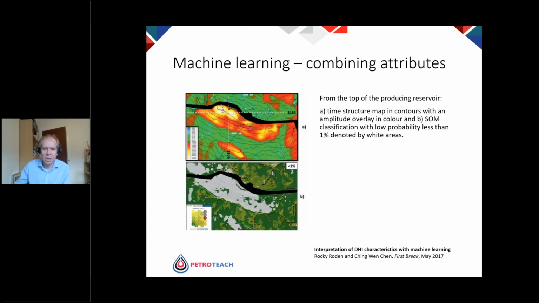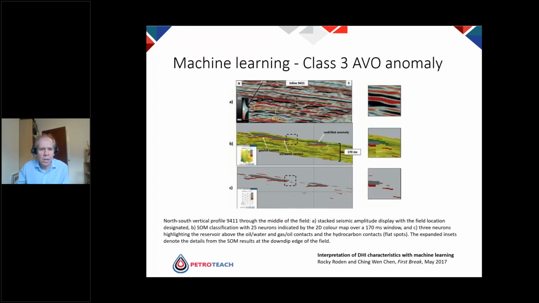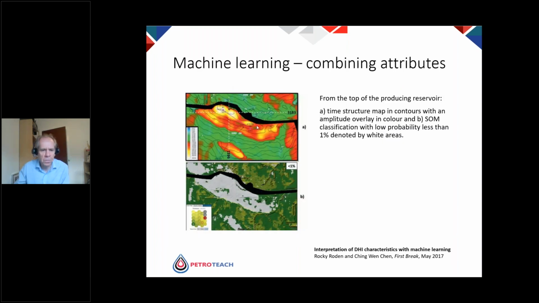Okay, so here's just an example. This is showing a bright spot here, so this is where potentially the hydrocarbons are. And this is another paper from First Break, Rocky Road. And this is, I think, Paradise, these guys are working for. The different colors here are, in the parameter space, similar values in all the cubes that have been put in there.